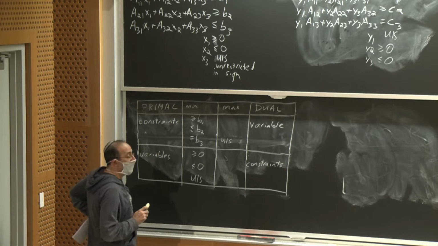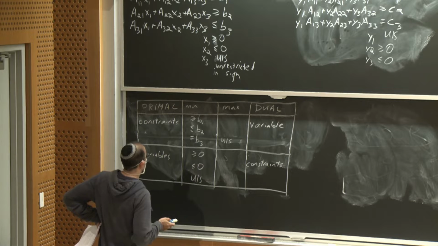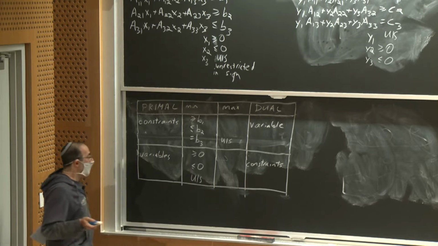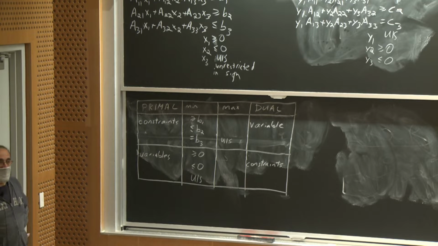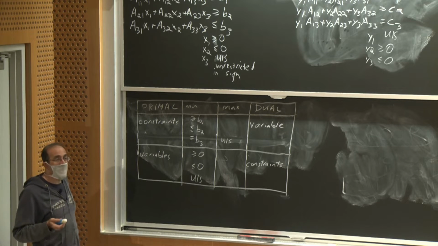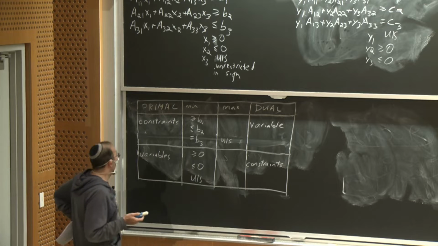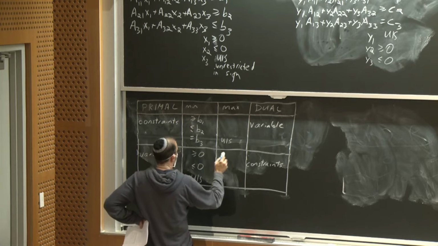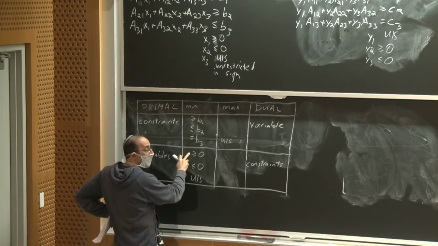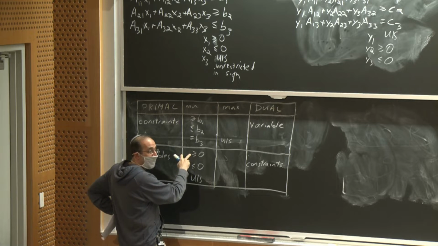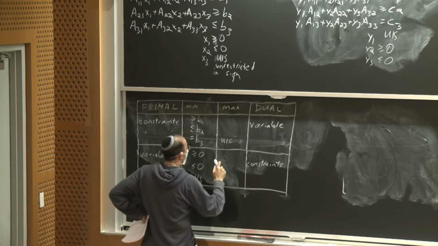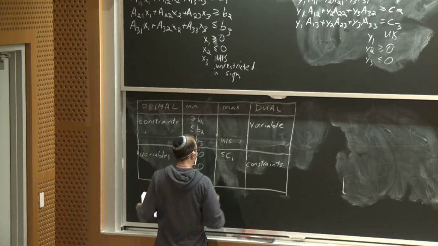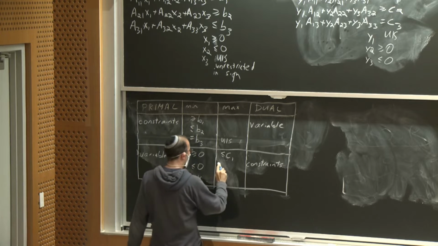Conversely, the canonical form LP, which was a maximization problem, had constraints that certain things be less than or equal to a certain quantity. Those constraints in the canonical form LP corresponded to the non-negative variables in the primal LP. So we get upper bound constraints corresponding to non-negative variables.